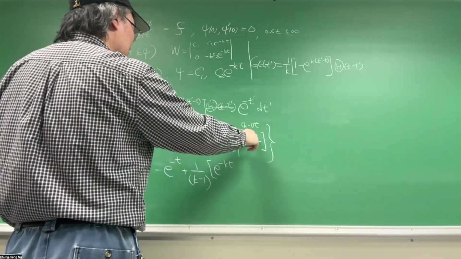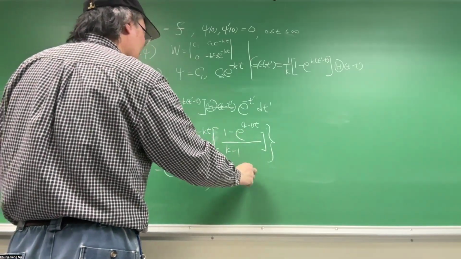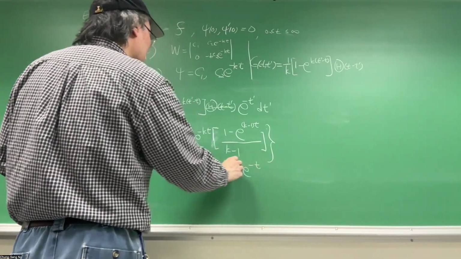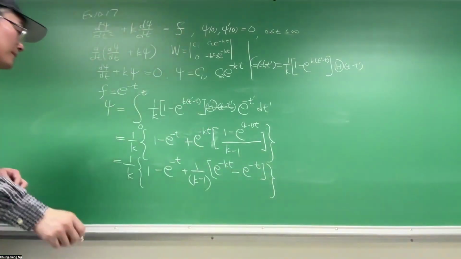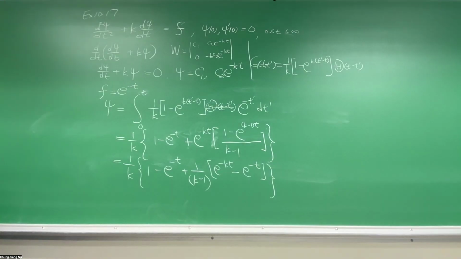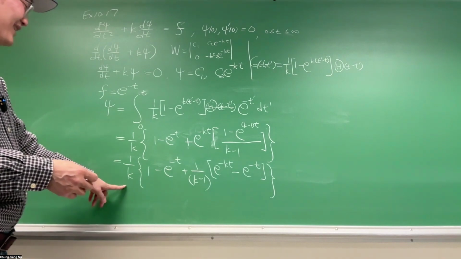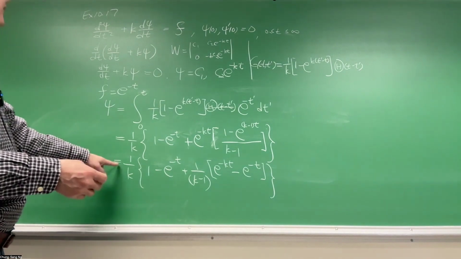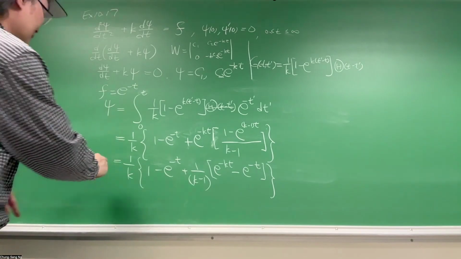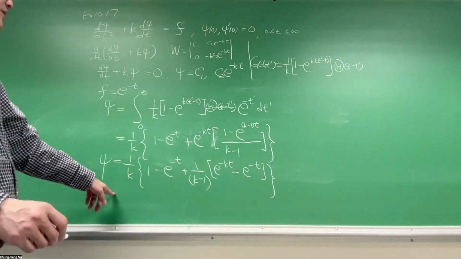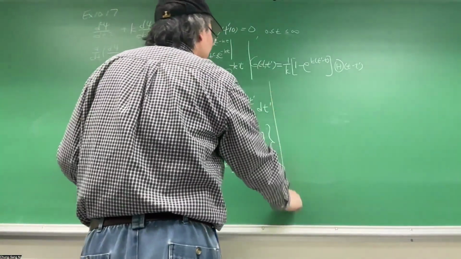And then this and that combine to e to the minus t. All right, hopefully I got it correct. Is it correct? I don't know. The way to check it is just put it back into the equation. So this is psi.